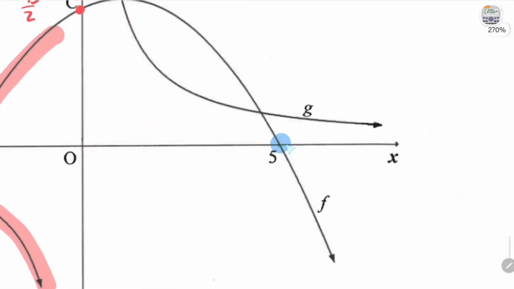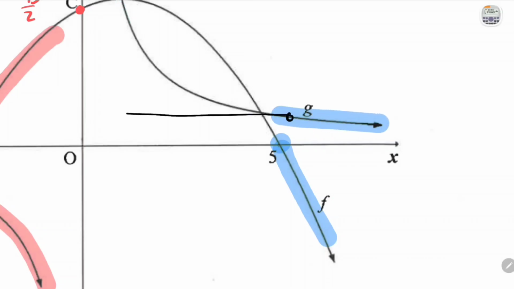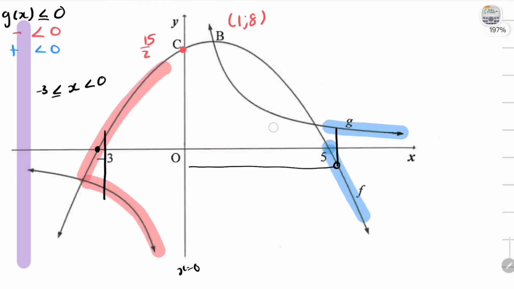So that means that after this, look at this, the graph of f becomes negative, and for the same x values, the graph of g is positive all through. So if you take those positive y values and multiply them for those same x values with the negative y values here, they will give you a negative answer.